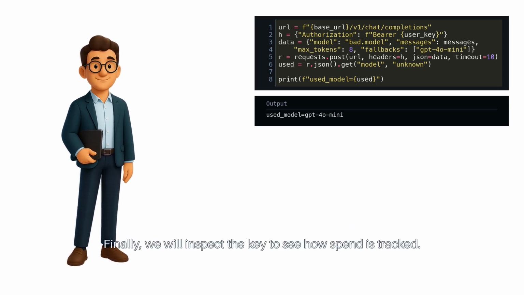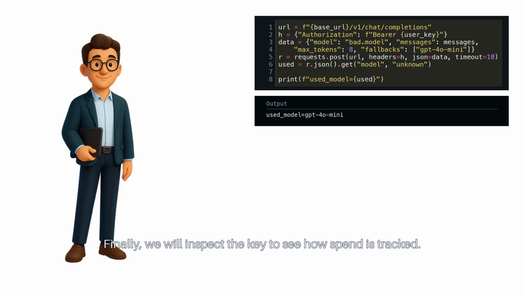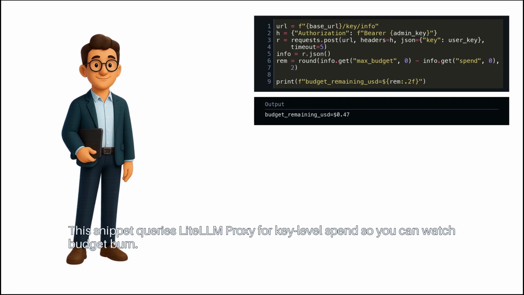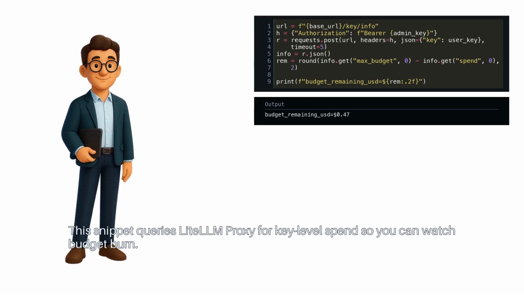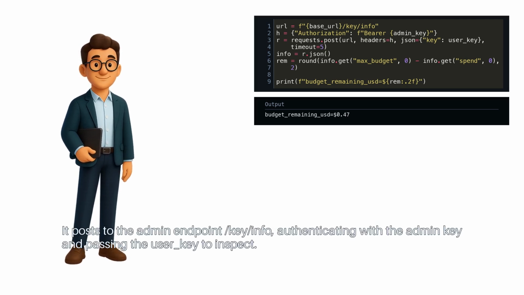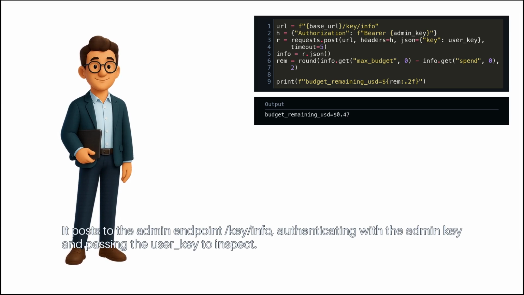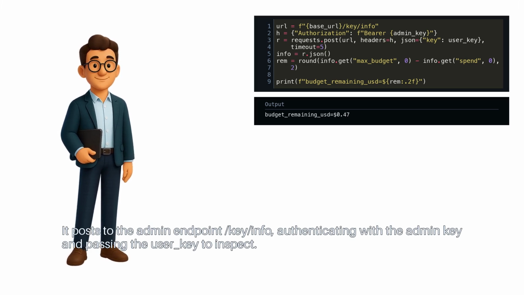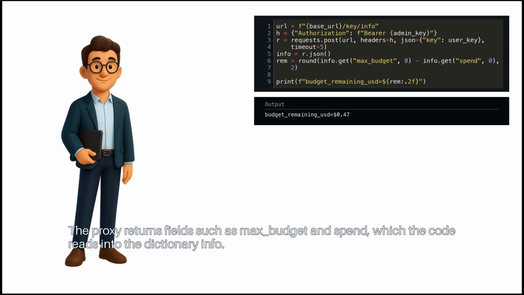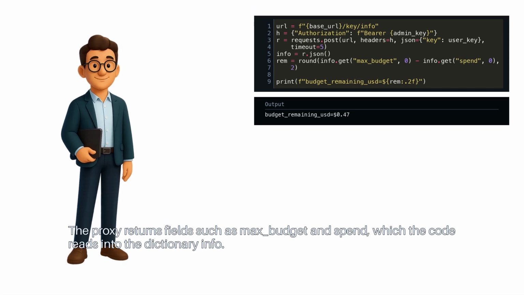Finally, we will inspect the key to see how spend is tracked. This snippet queries LiteLLM Proxy for key-level spend so you can watch budget burn. It posts to the admin endpoint /key/info, authenticating with the admin key and passing the user key to inspect. The proxy returns fields such as max budget and spend, which the code reads into the dictionary info.